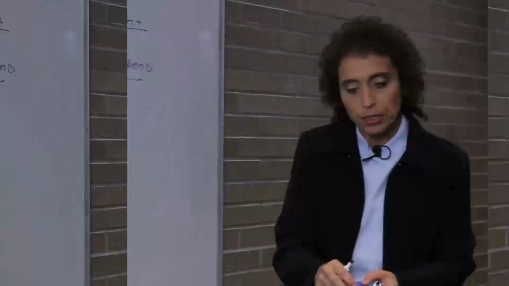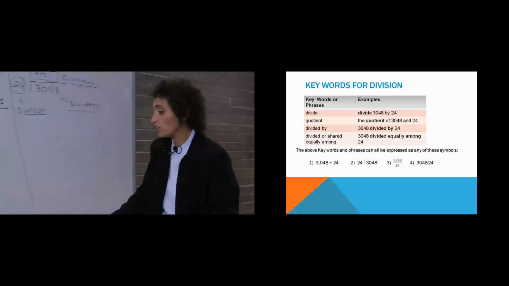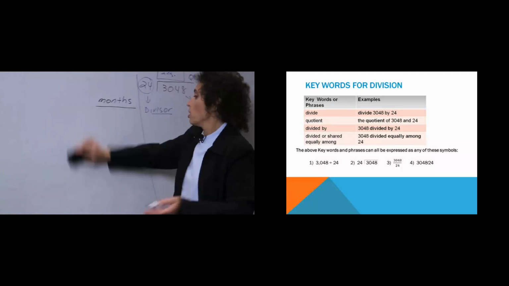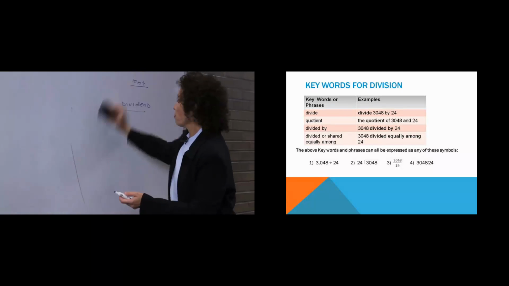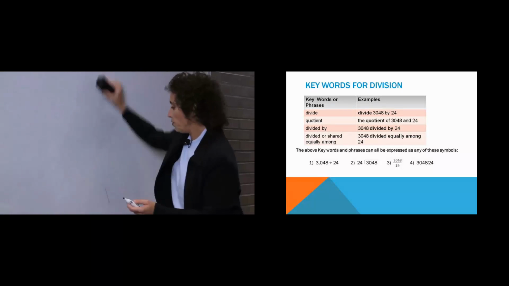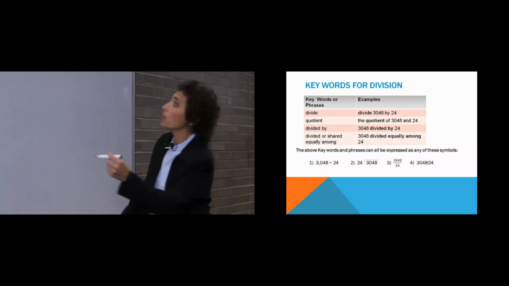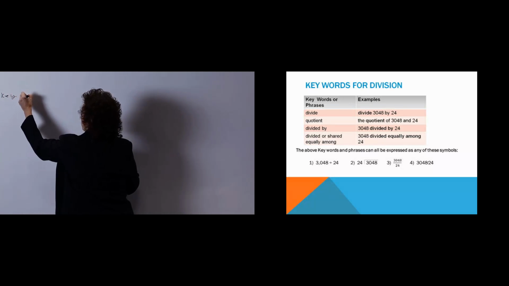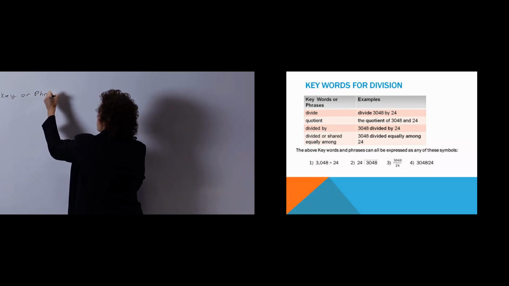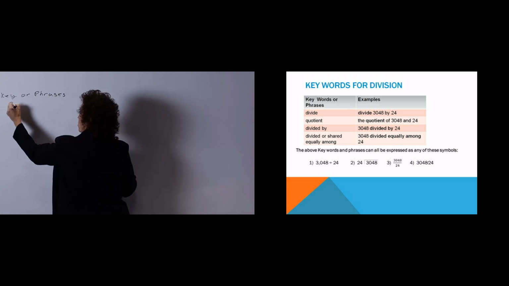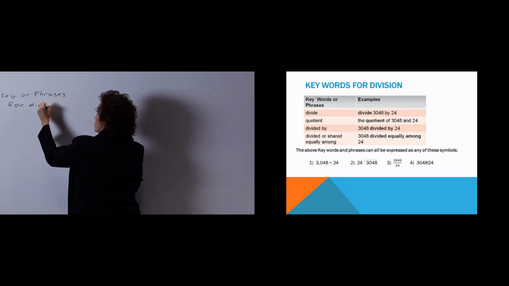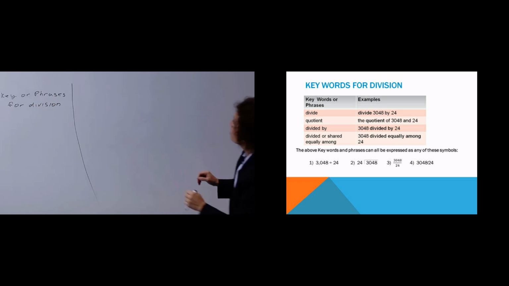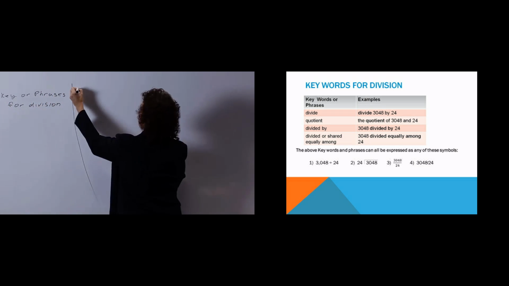That will be important. Let's look at some keywords for division now, because we're going to have to know how to express words into symbols. So let's take a look at the following. And these words are in the workbook. These are key words or phrases for division. We're going to put the words or phrases there. Then we have an example.